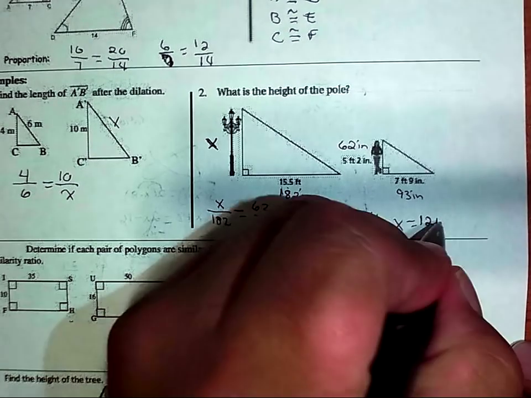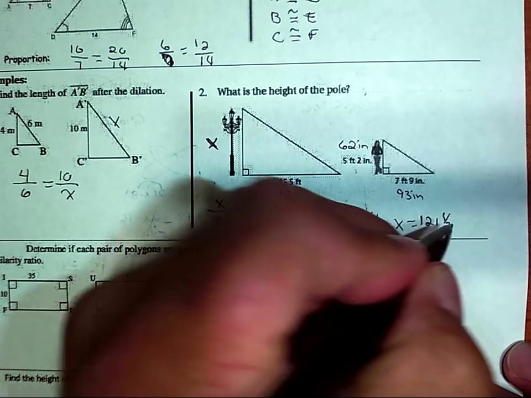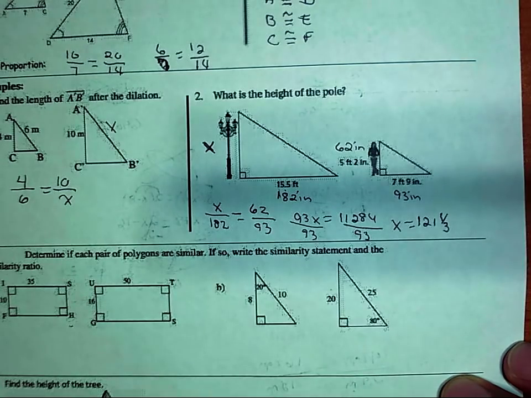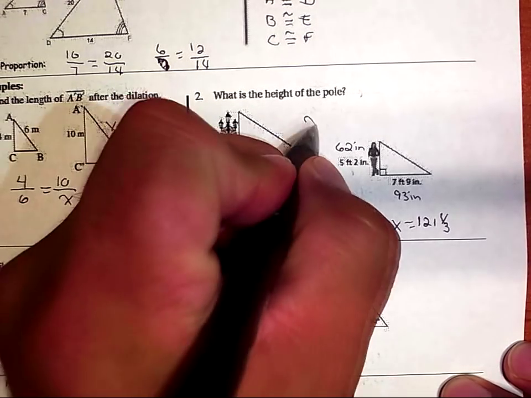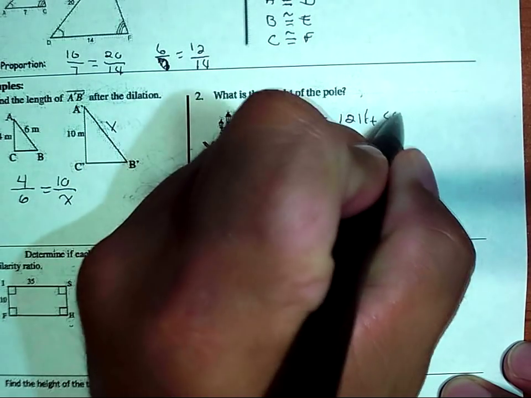That's what you're going to get in your calculator, which basically is 1/3 of a foot. 1/3 means you take a foot, 12 inches, divided by 3. 12 divided by 3 is 4. So therefore, X is 121 feet with 4 inches.